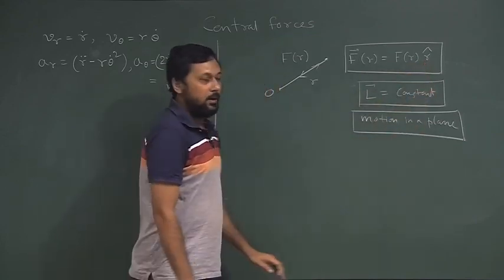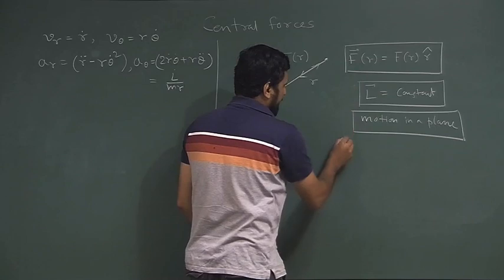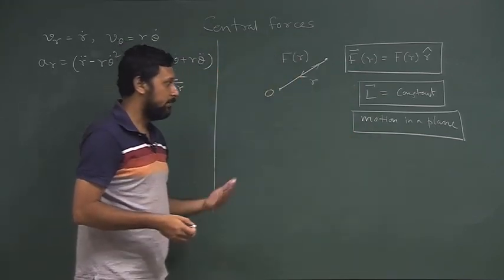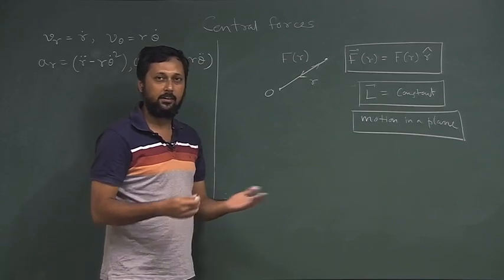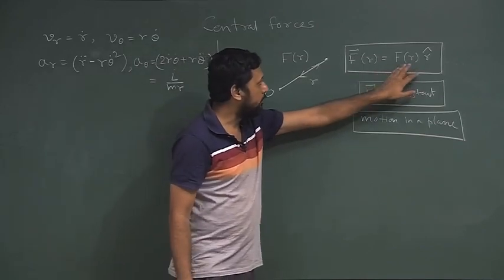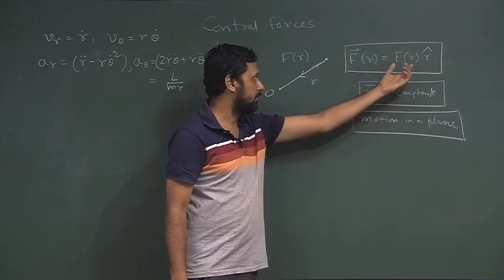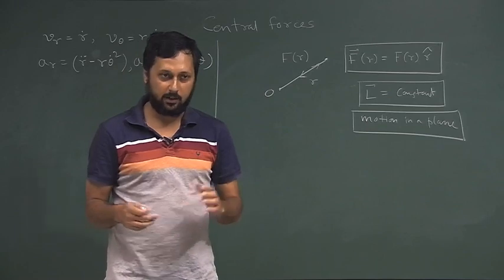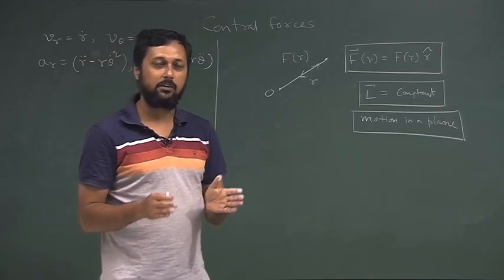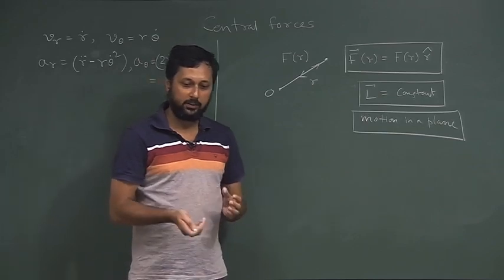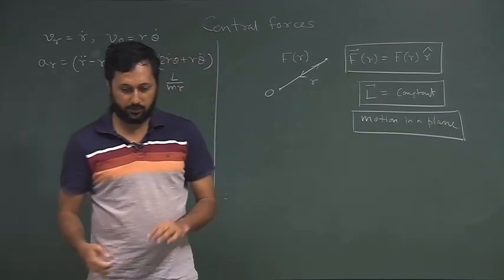So, these are essentially related to each other, and also the third property which I stated, that is energy conservation. We will see that these central forces F(r) are all conservative forces by nature and there is a potential function associated with them, so it is obvious that the energy will be conserved. So, we essentially proved all the properties of central forces.